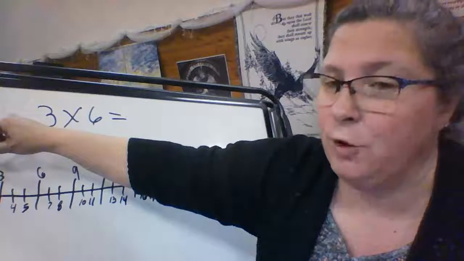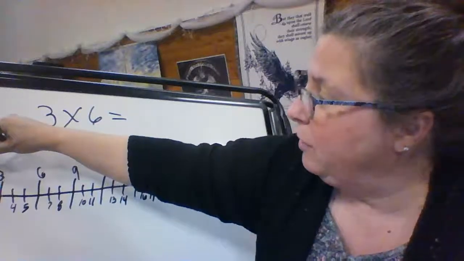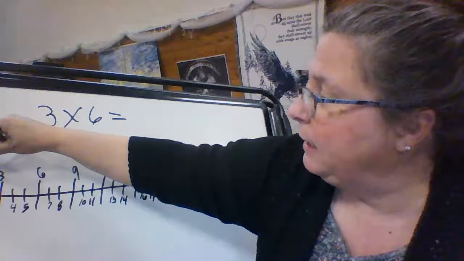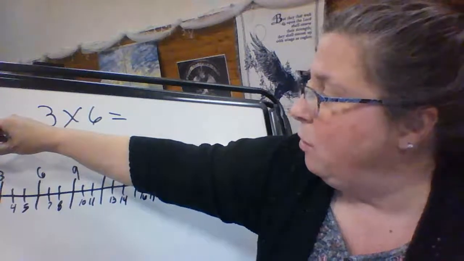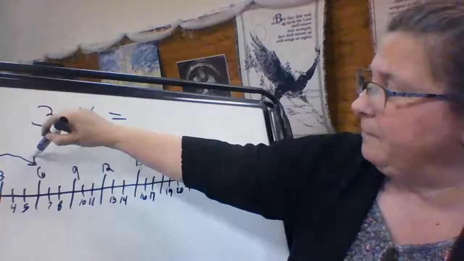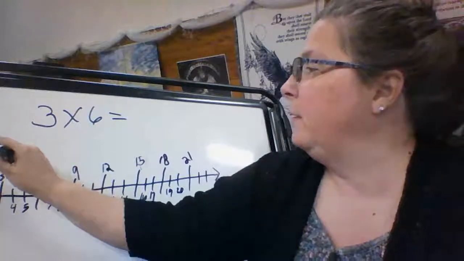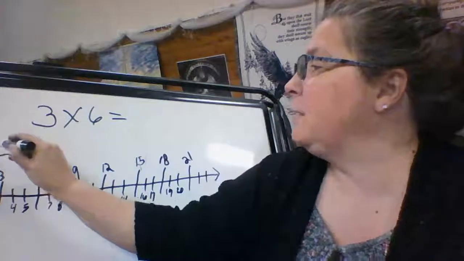Because we have 3 groups with 6 objects in it. So 0, 1, 2, 3, 4, 5, 6. That's our first jump.